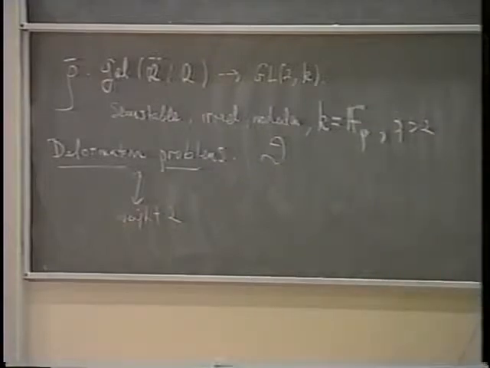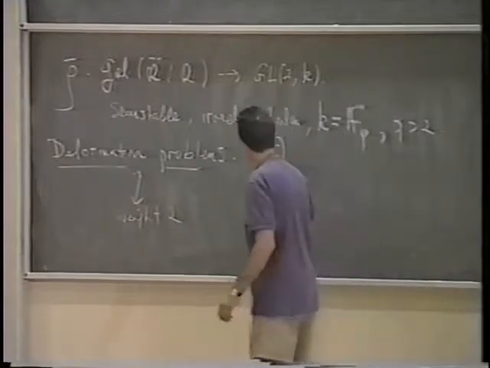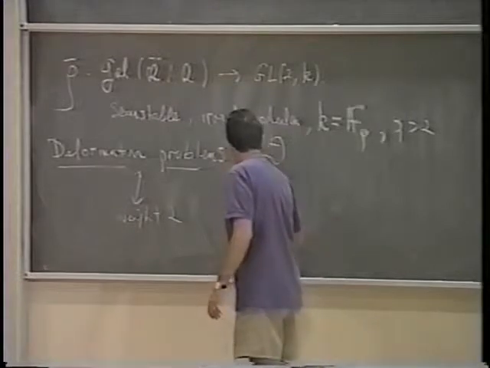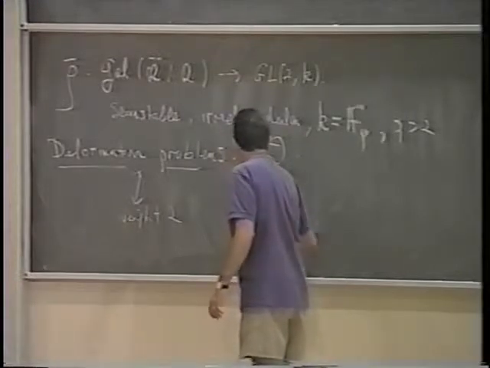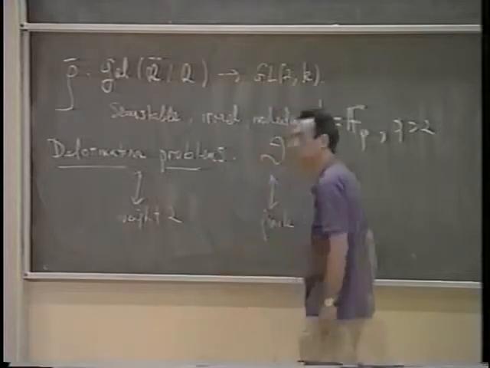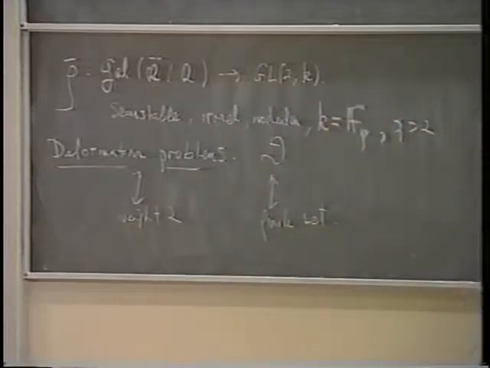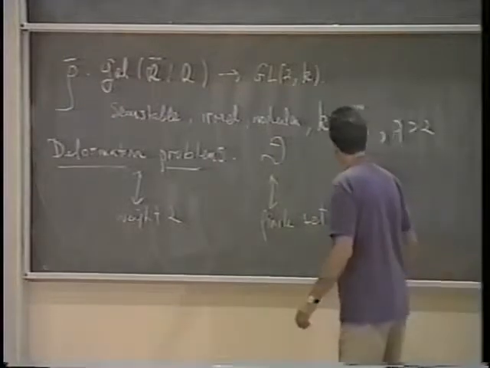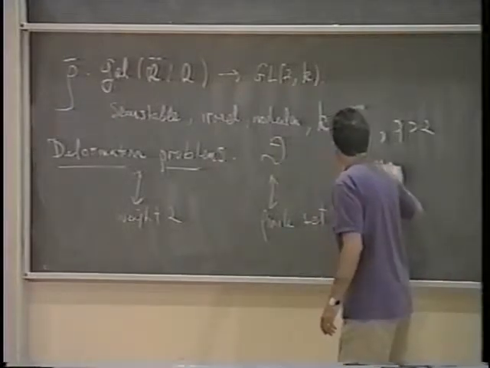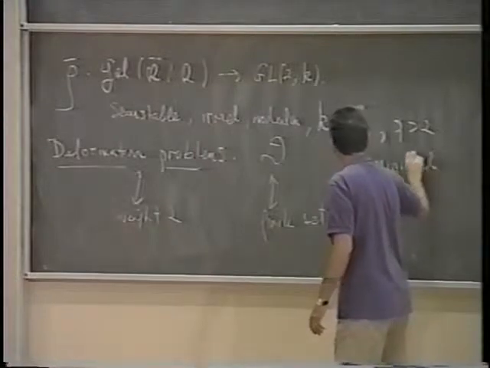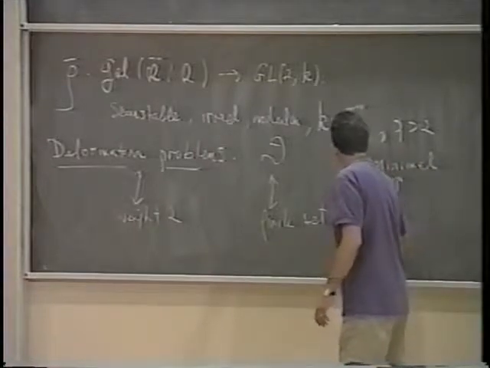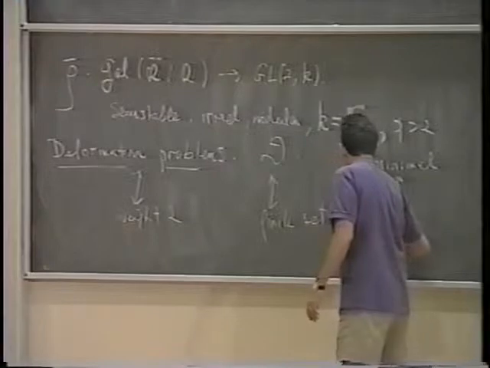And as I've explained in the last lecture, D really amounts to giving some finite set, which we didn't actually name. This is a finite set which tells you those primes of Q at which you allow unrestricted ramification. And in this language, there is the notion of the minimal deformation, and the minimal deformation corresponds to the empty set.